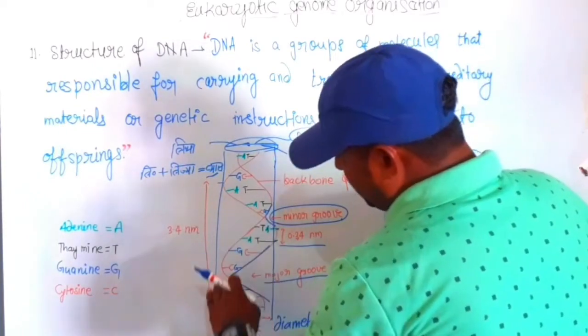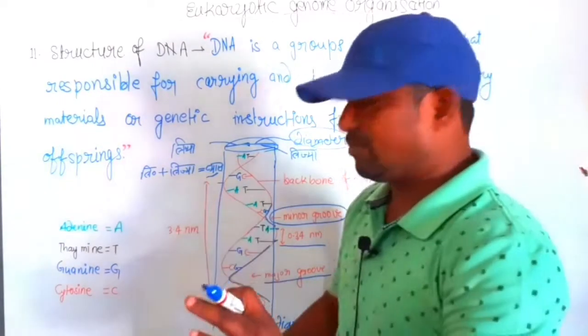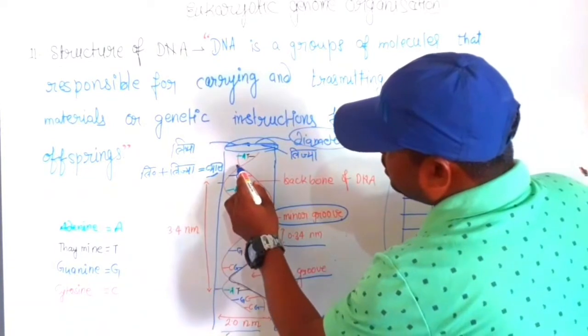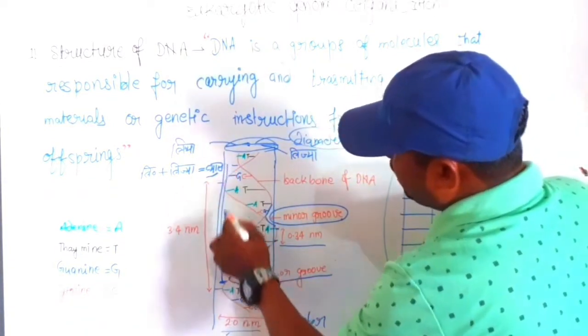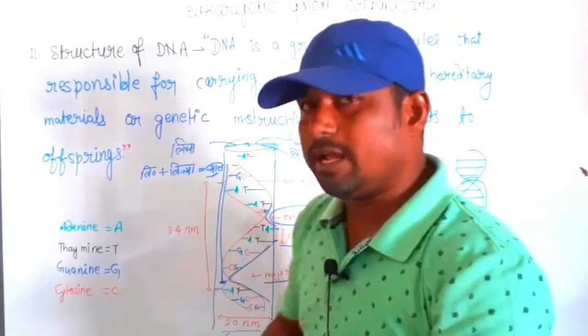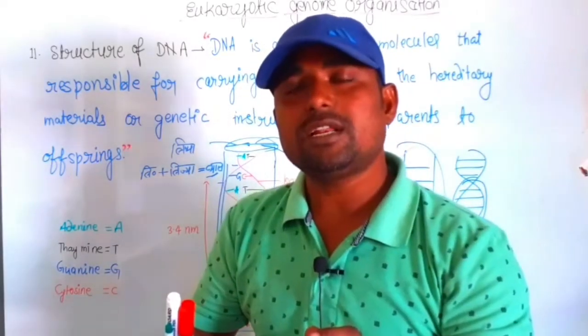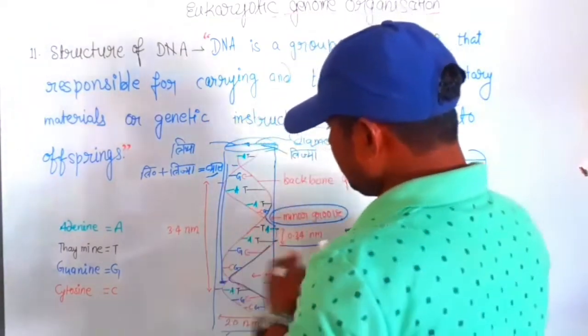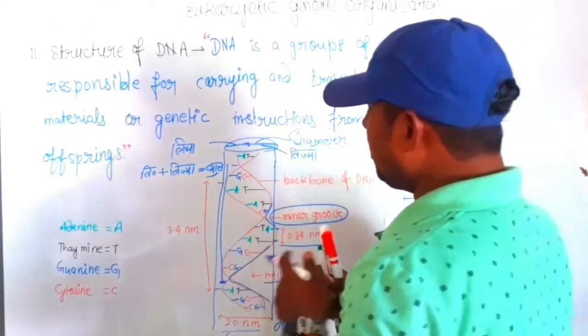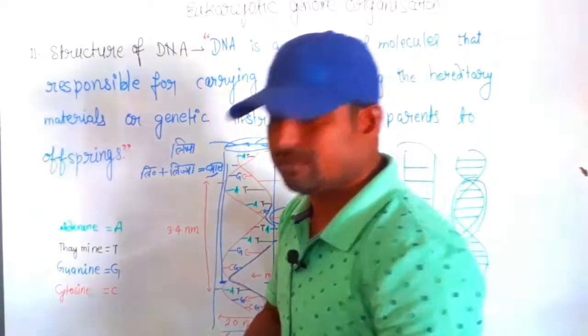Two consecutive, this is the minor groove, this is the minor groove. Two consecutive minor grooves have 10 base pairs. Let's see the structure and the notes.